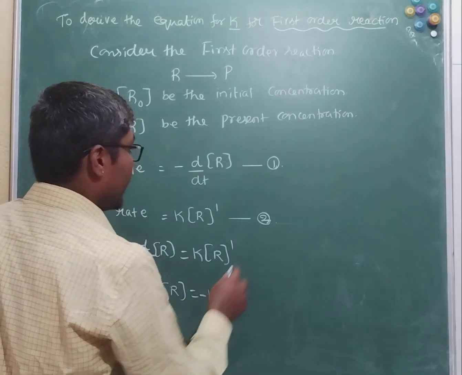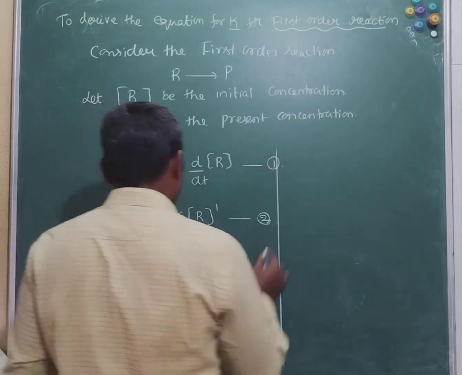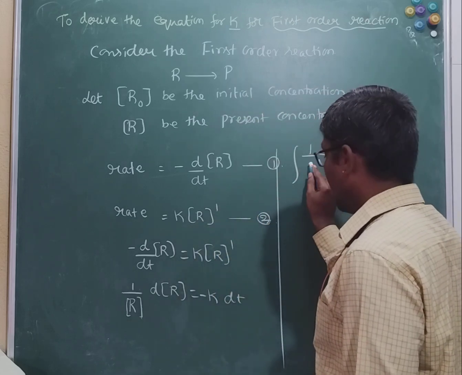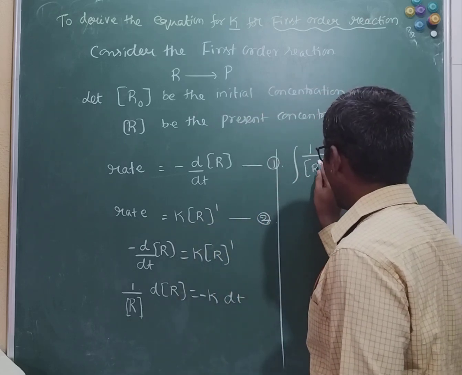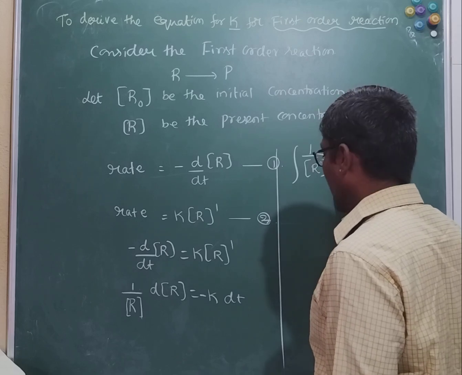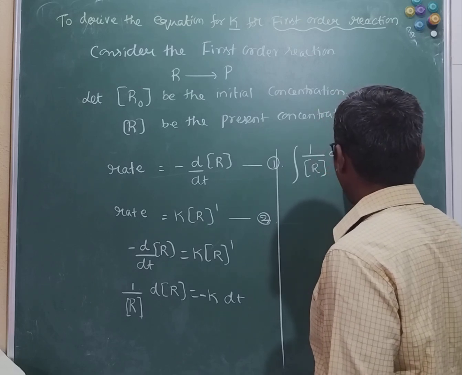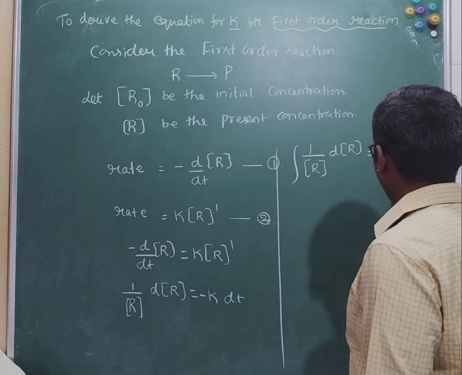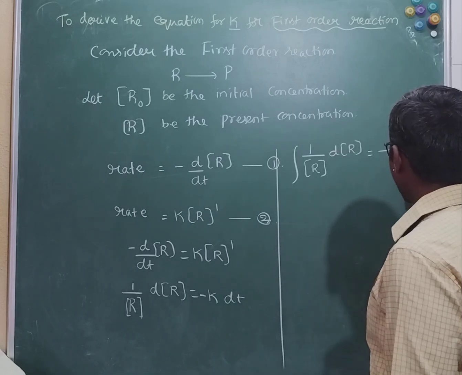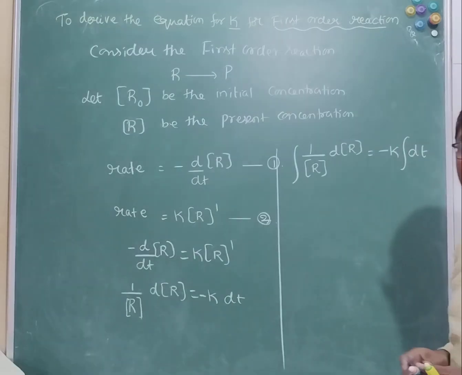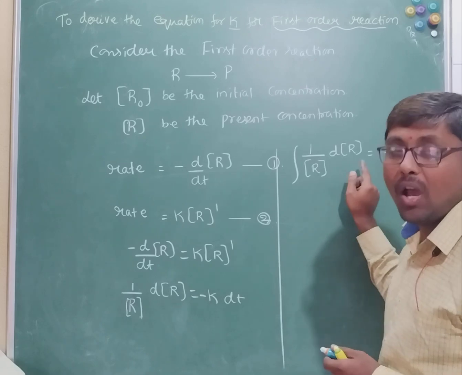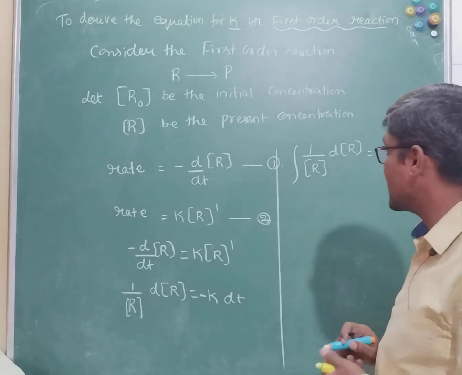Let us integrate. Integration of 1 by concentration of R into d of R is equal to minus K into dt. Integration does not affect constant values, so we write K outside the integration symbol.